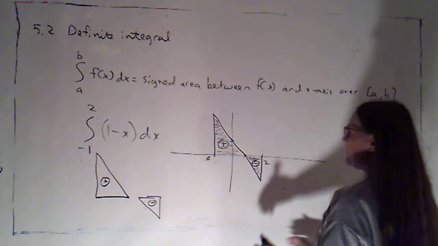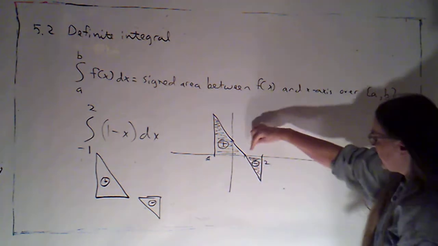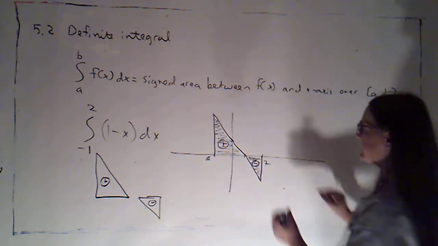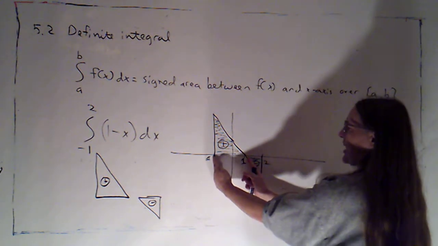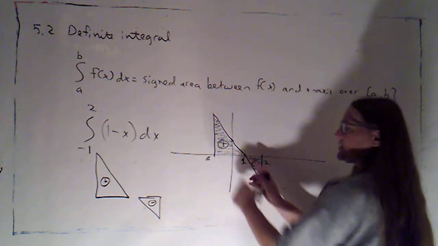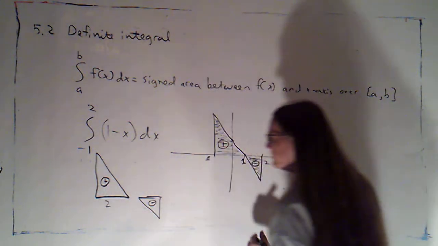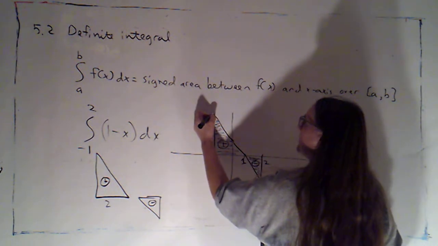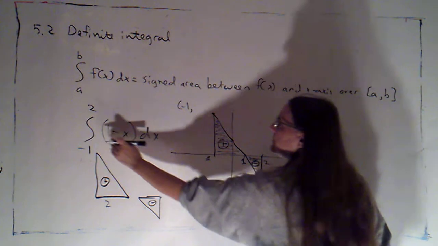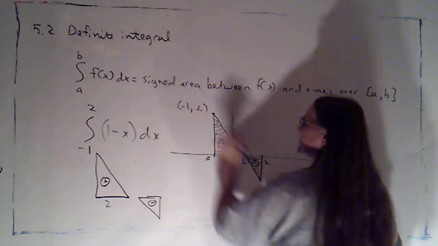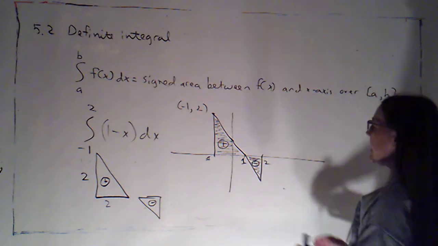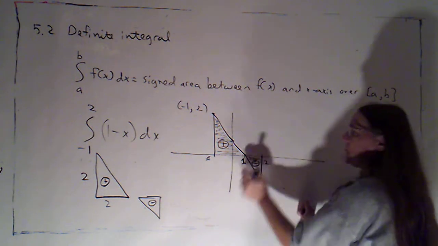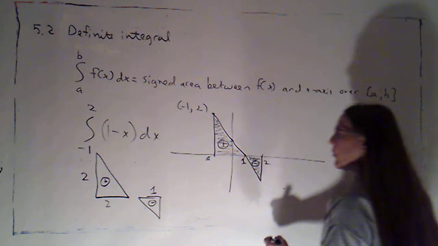Okay. So for the positive piece, let's see. I'm going to need to know where we cross the x-axis. Looks like that's going to be right here at 1. So this triangle has a base that goes from -1 to 1. That's going to be a base of 2. At -1, the height here would be 1 minus -1, so that would be 2. So the height is also 2. This triangle, the base goes from 1 to 2, so that's a base of 1.